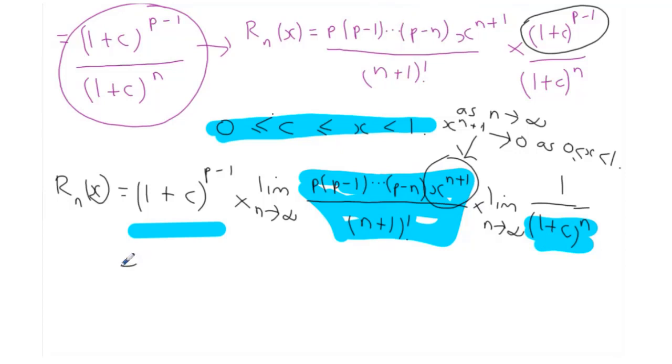So we have, finally, (1 + c) to the p minus 1, just a constant, times the result of this limit, which is 0, times the result of this limit, which is also 0.